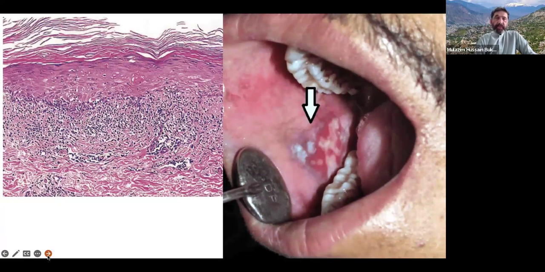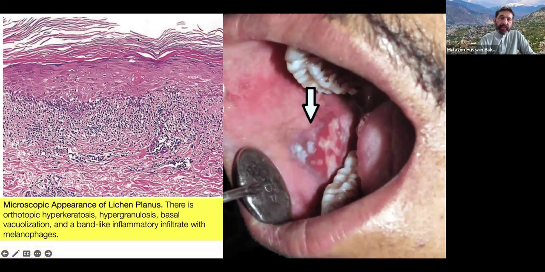When the histopathologist looks at this, he will see hyperkeratosis, then the granular layer, and then the dermoepidermal junction with effacement and infiltration. Orthokeratosis, sometimes a basket variant. Usually when there is orthokeratosis, it is present in this one.